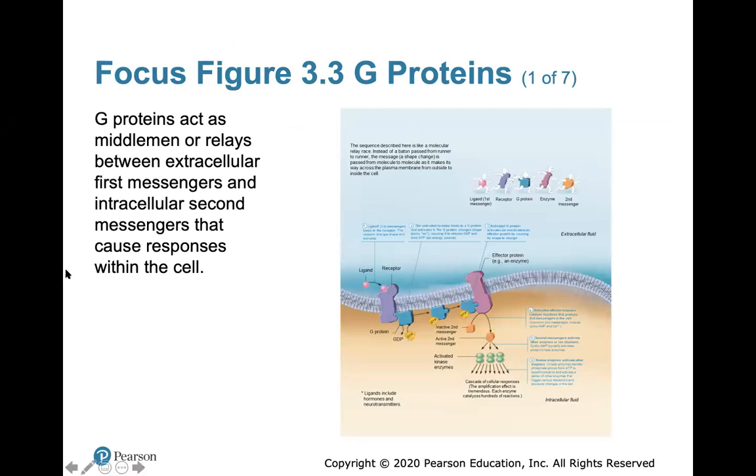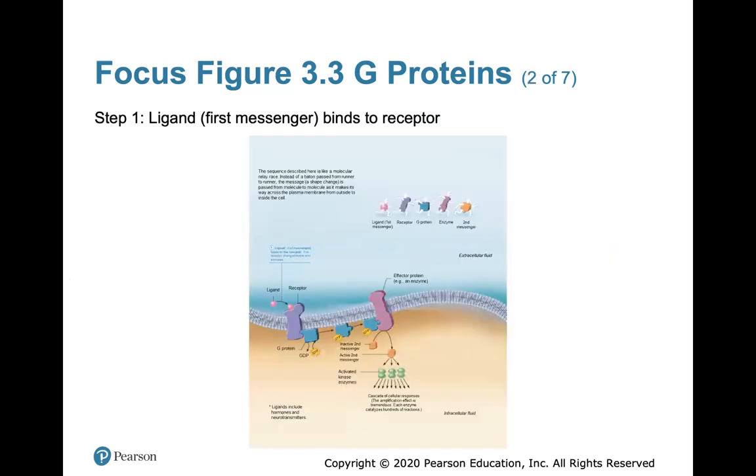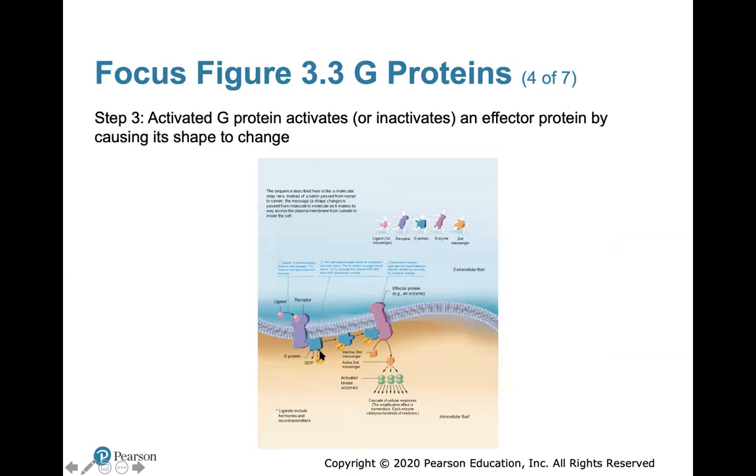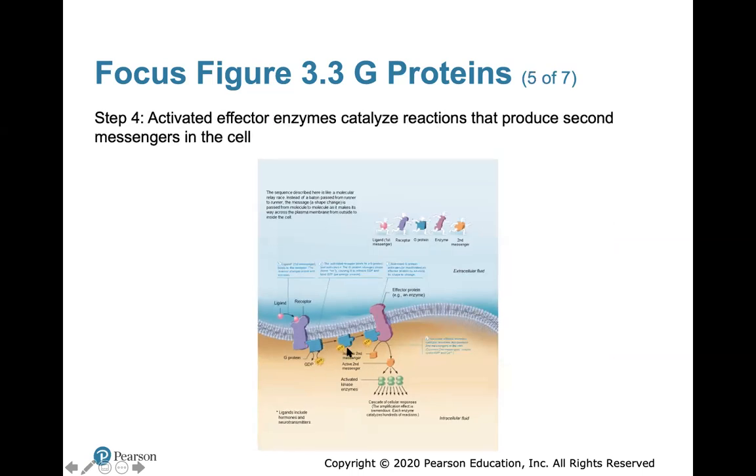G proteins are important. They act as a middleman or a relay between extracellular first messengers and intracellular second messengers that cause responses within the cell. This takes you through how the G proteins interact. The ligand, the first messenger, will bind to a receptor. The activated receptor will bind to and activate a G protein. The activated G protein will activate an effector protein by causing its shape to change.